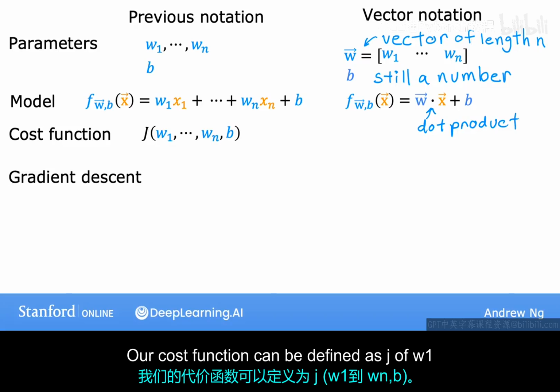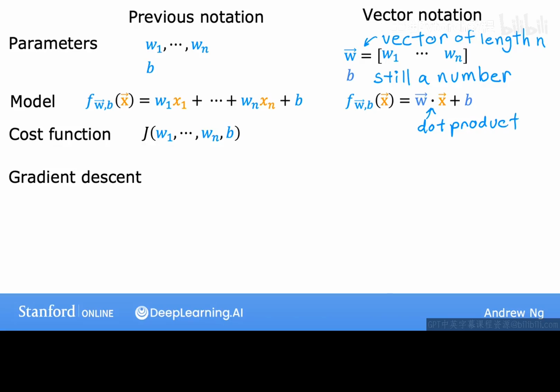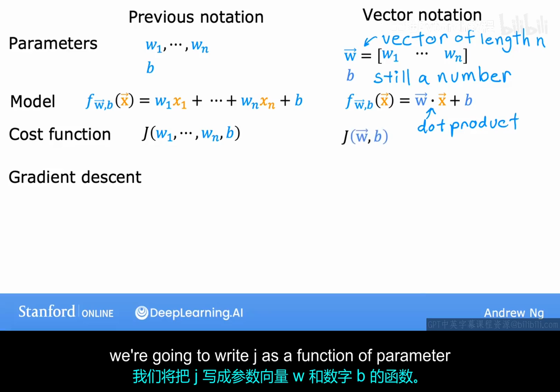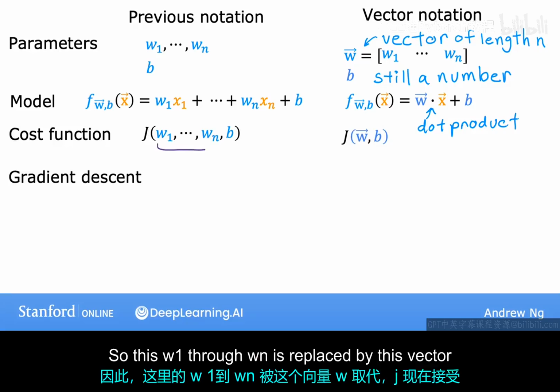Our cost function can be defined as J of w1 through wn comma b. But instead of just thinking of J as a function of these n different parameters wj as well as b, we're going to write J as a function of parameter vector w and the number b. So this w1 through wn is replaced by this vector w.